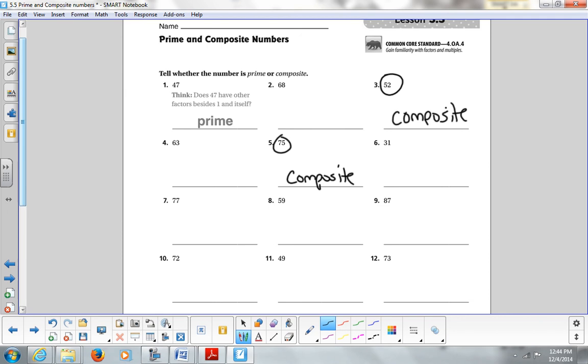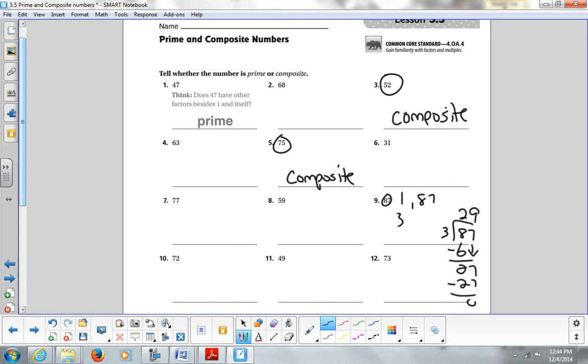All right, how about 87? So we've got 1 and 87 for sure. It doesn't end in an even number, so 2 won't work. What about 3? 3 goes into 87. 3 goes into 8 2 times. 3 times 2 is 6. Oh, okay. So 3 can go into 27 9 times.